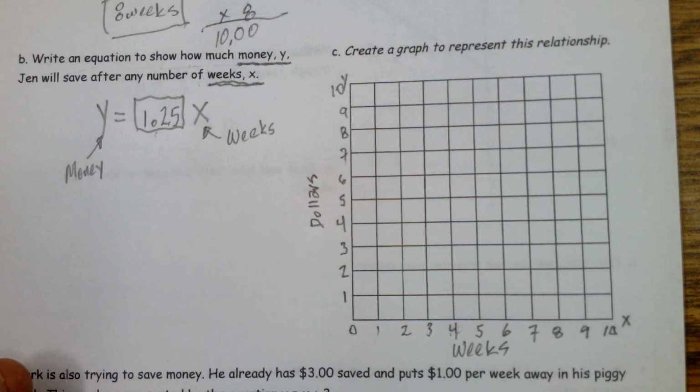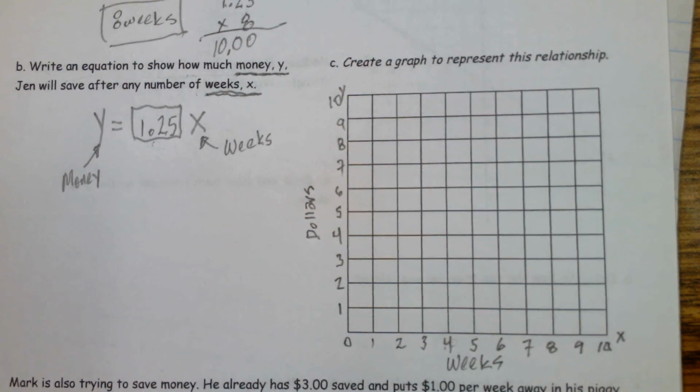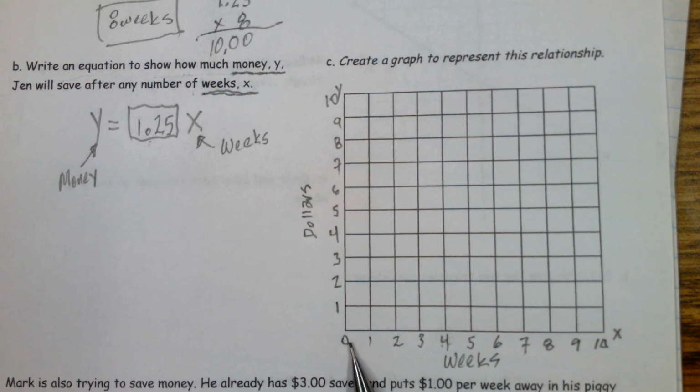Let's go ahead and use this equation to help us figure out the graph. So at the very beginning, how much money has she saved? The very beginning, before she bought any bags of chips. She has $5 at the beginning? How can we tell?